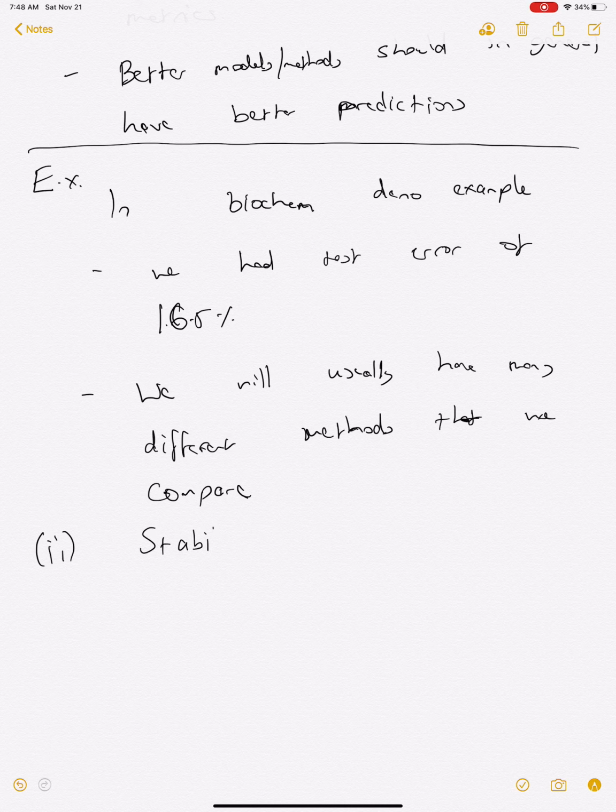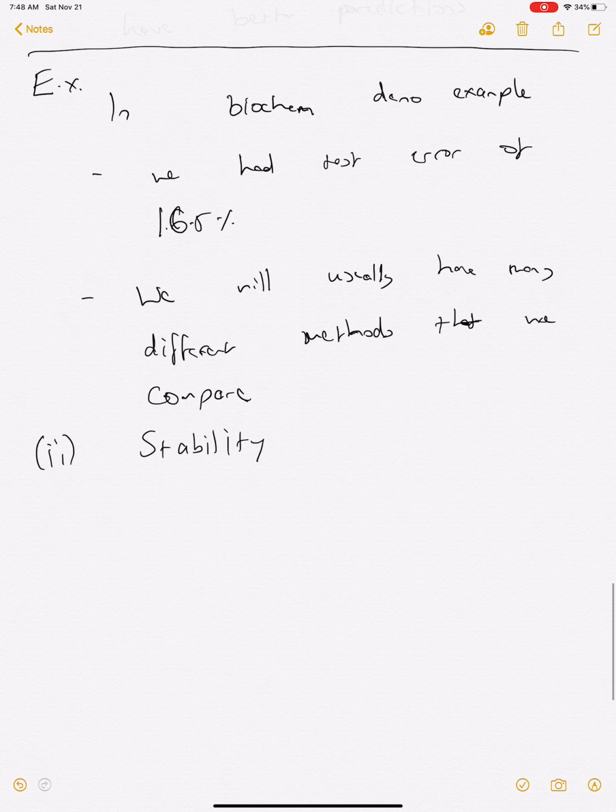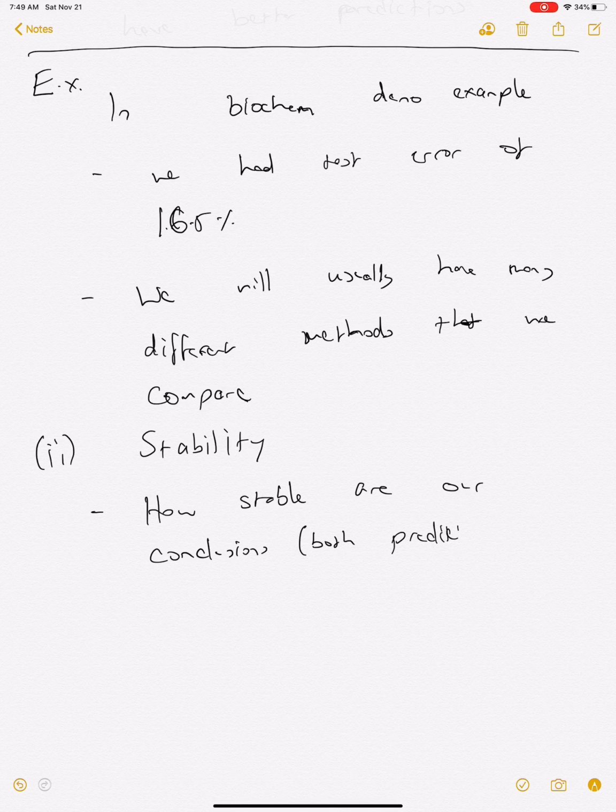The second, which is really important and often not thought about enough, is this notion of stability. That's really saying how stable are our conclusions, both prediction and interpretation.